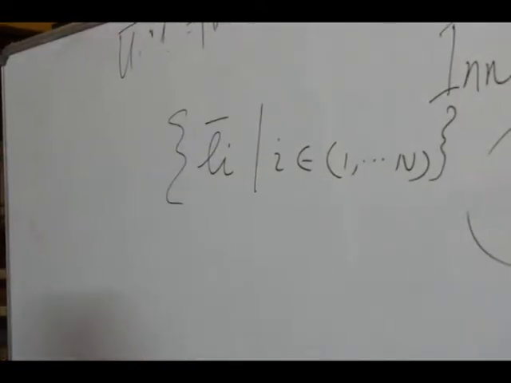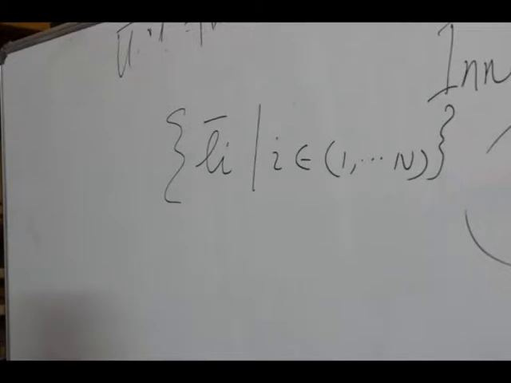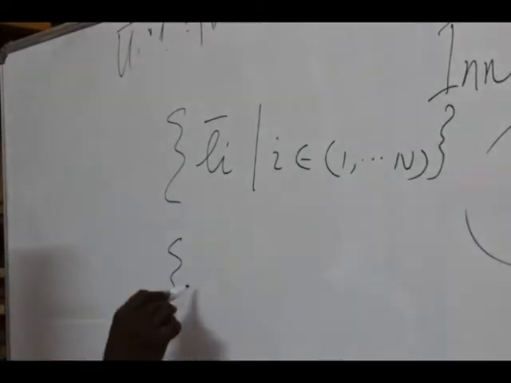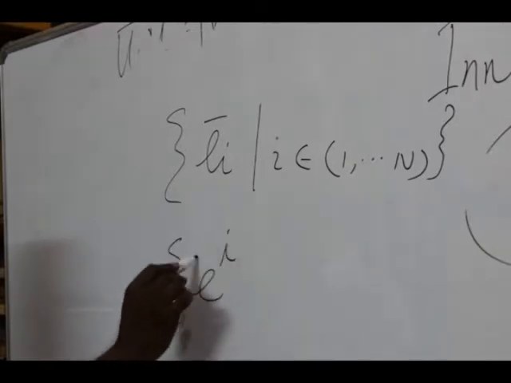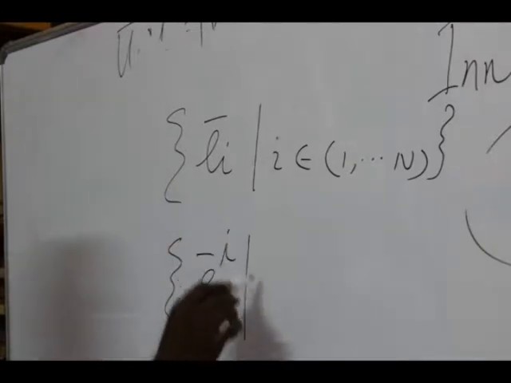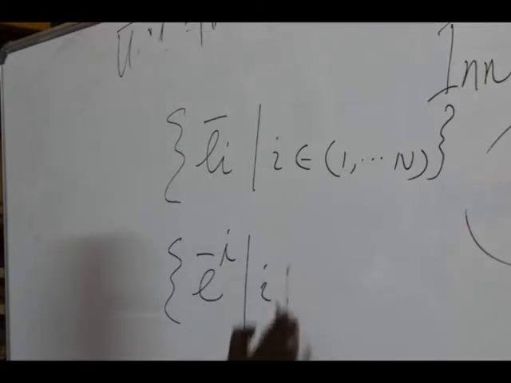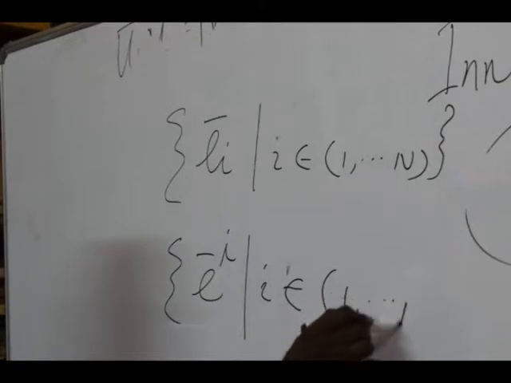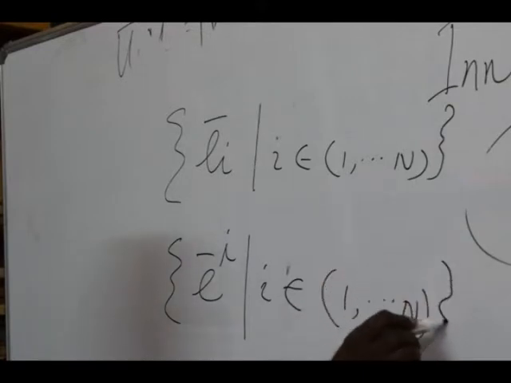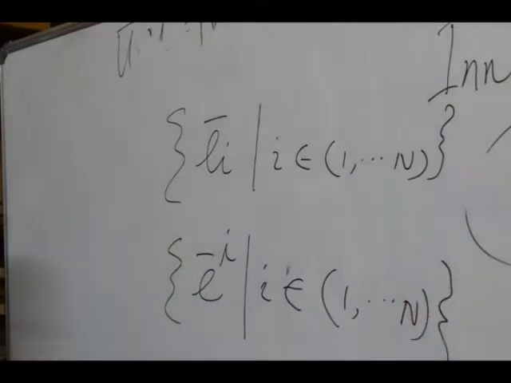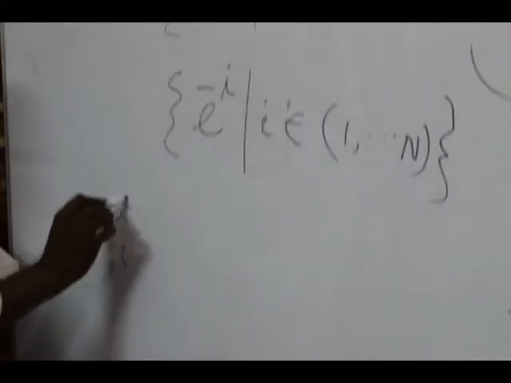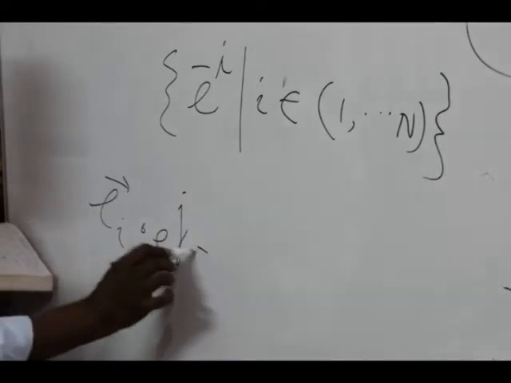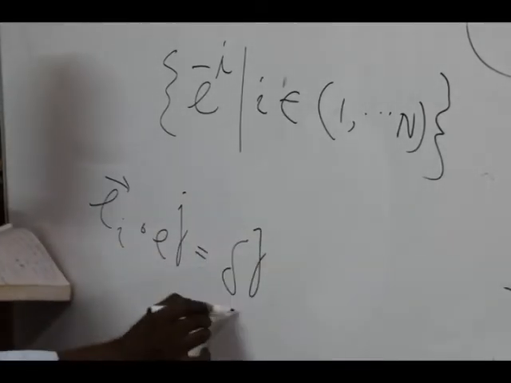Now we introduce what is called the dual basis, being dual to EI, such that EI dot EJ is always equal to delta Ji.